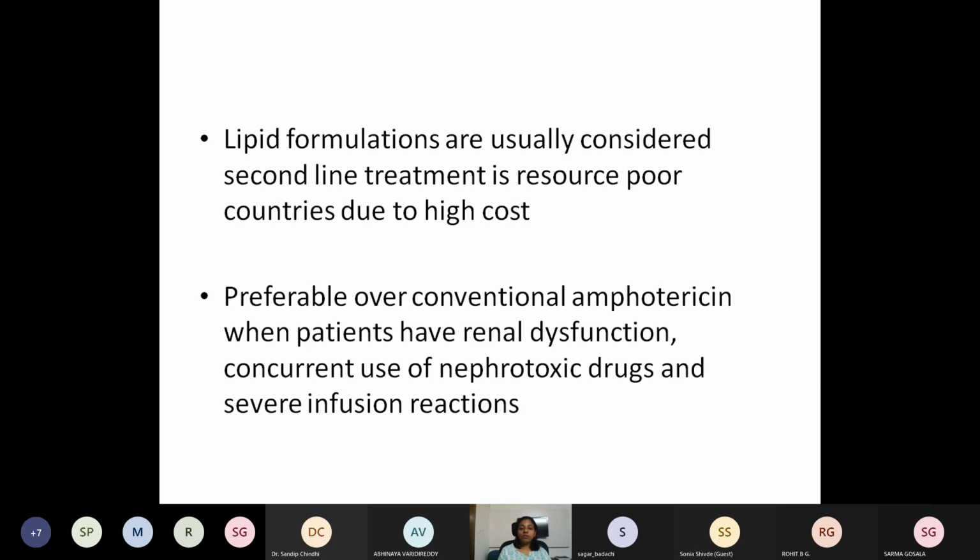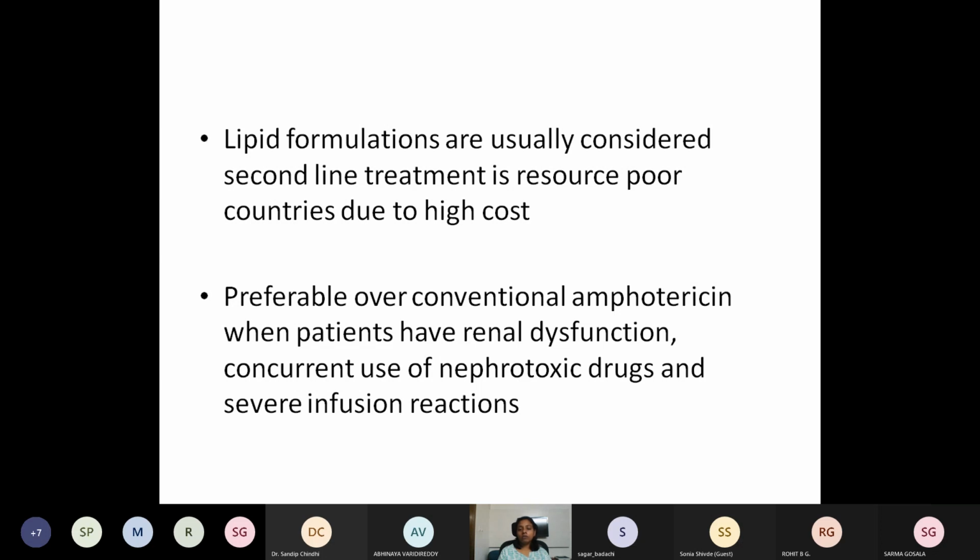The cost of the lipid formulation, liposomal amphotericin, that is AmBisome, which is the initial brand, is about 4,500 to 5,000. It was initially being sold at a cost of 7,000, but right now we have multiple Indian brands at varying costs, 3,000 to 4,000 per vial. That is for 50 milligram, and we need to give this at 3 to 4 milligram per kg.